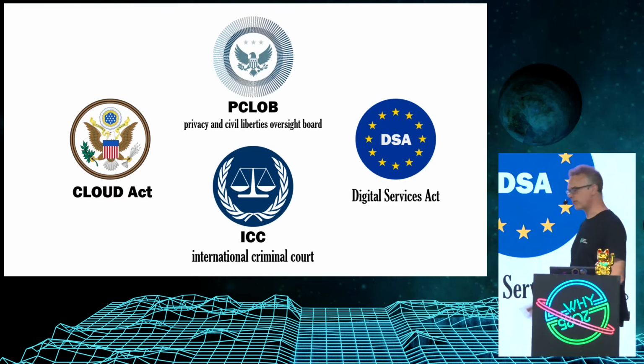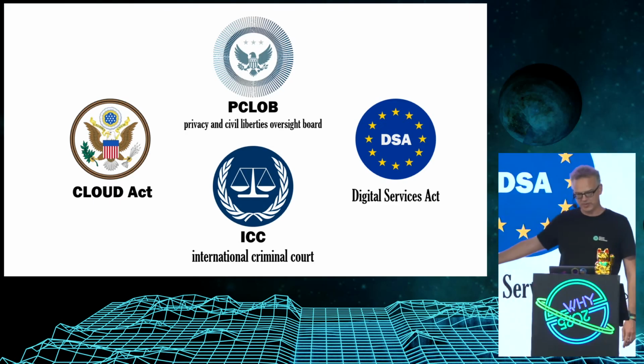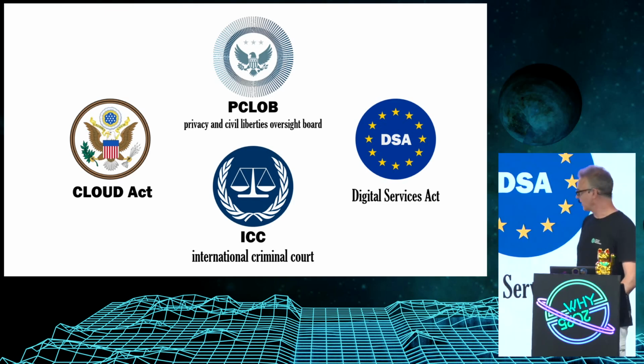And just 2 or 3 weeks later, Microsoft, on behalf of the US government, stopped providing the chief prosecutor of the ICC with his email account. He could no longer use his email. Clearly, we have reasons to be worried.